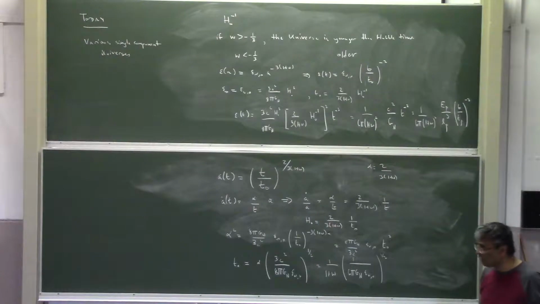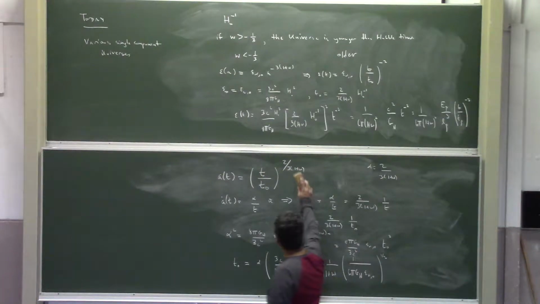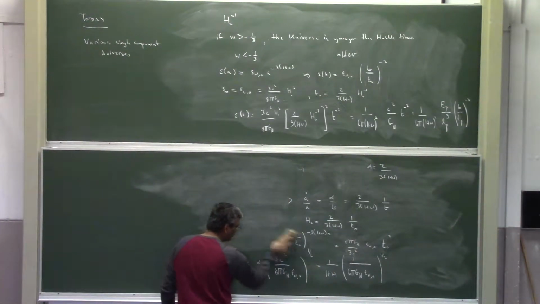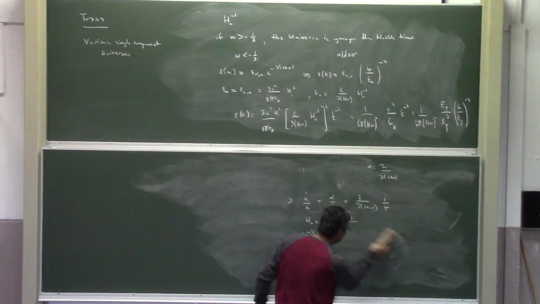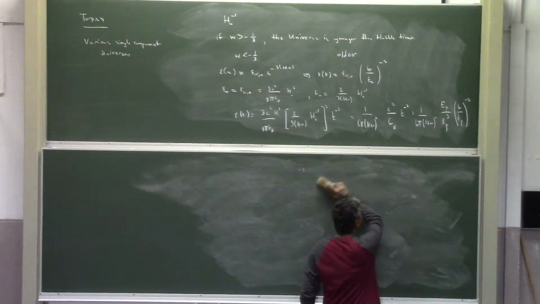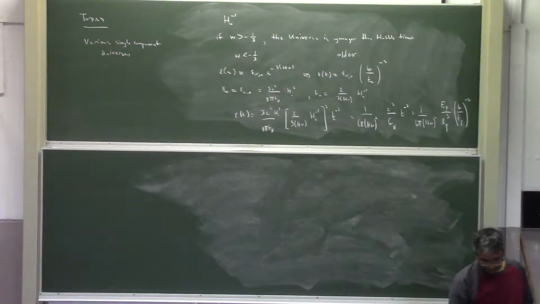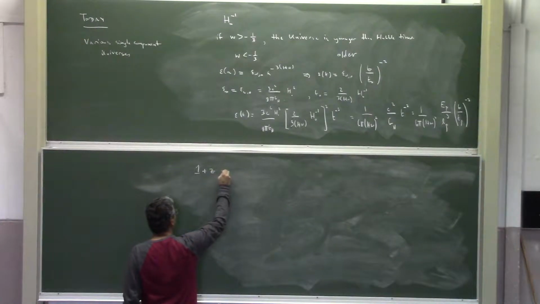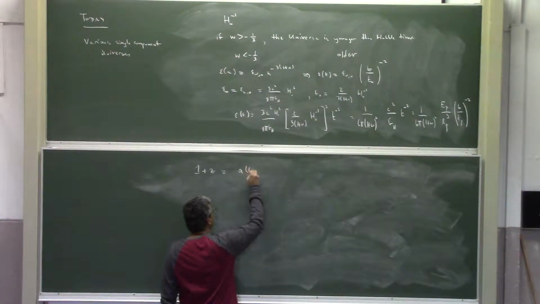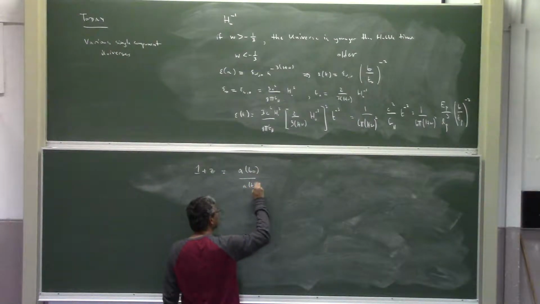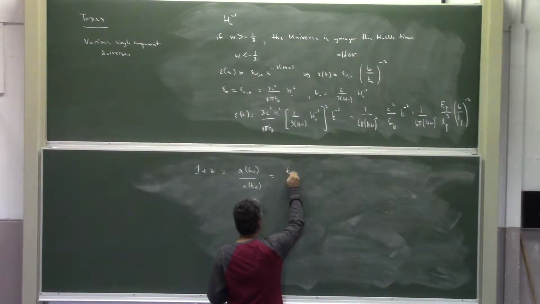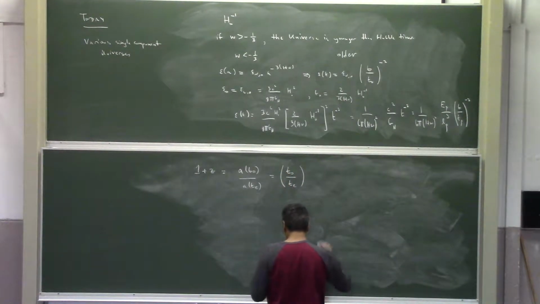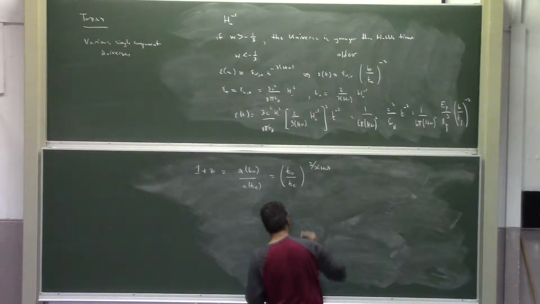Okay, so suppose you find yourself in a spatially flat single component universe. You see a galaxy or some distant object at some redshift. What do you conclude? We know that the redshift 1 plus z is a(t0) over a(te), and this is (t0/te)^(2/(3(1+w))).